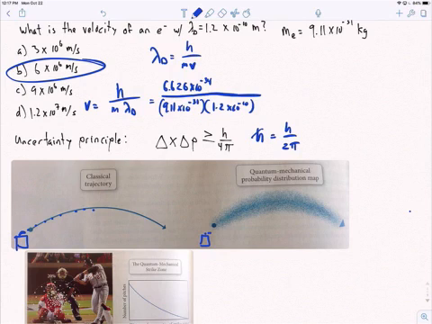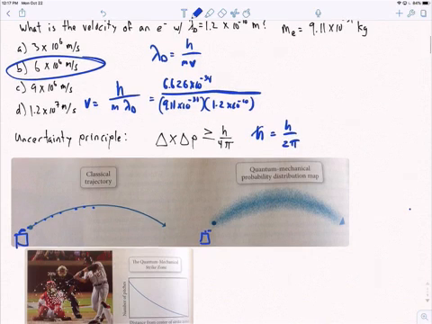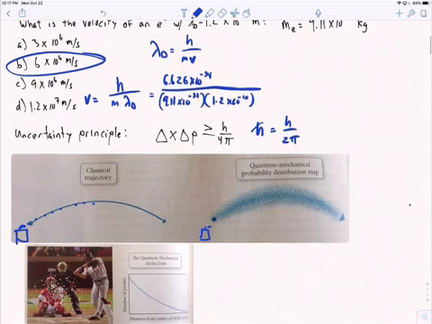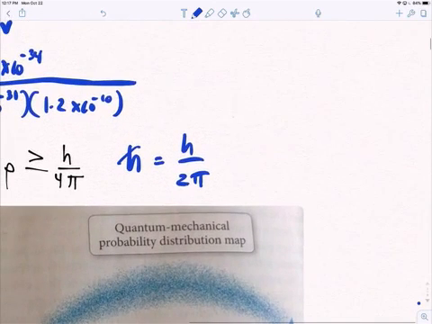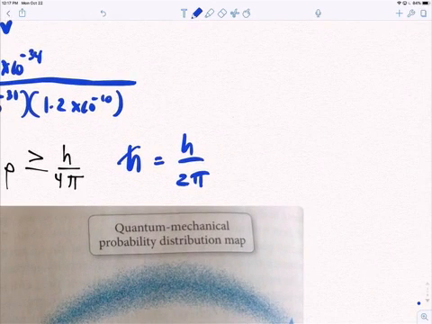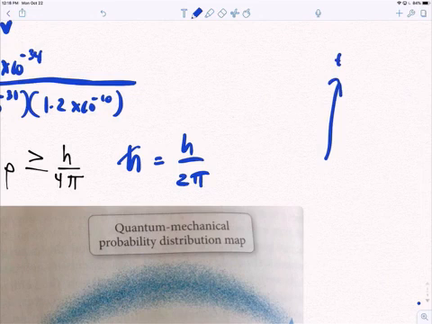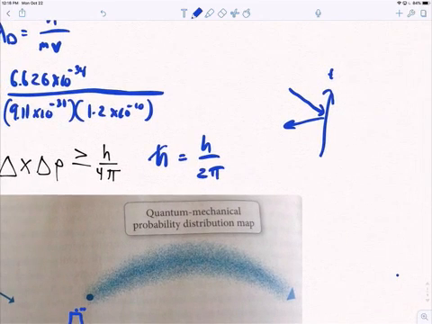Because of the uncertainty principle, though, you have three different things that can happen. With time going up, you can have the photon come in, it's absorbed, photon comes out.